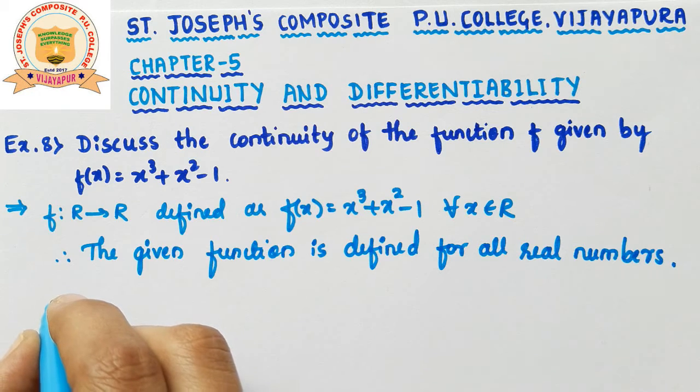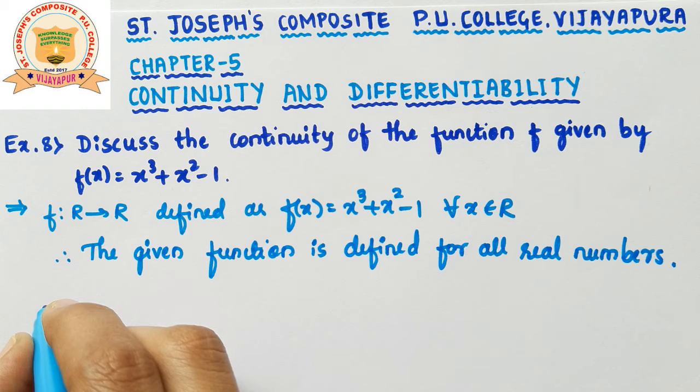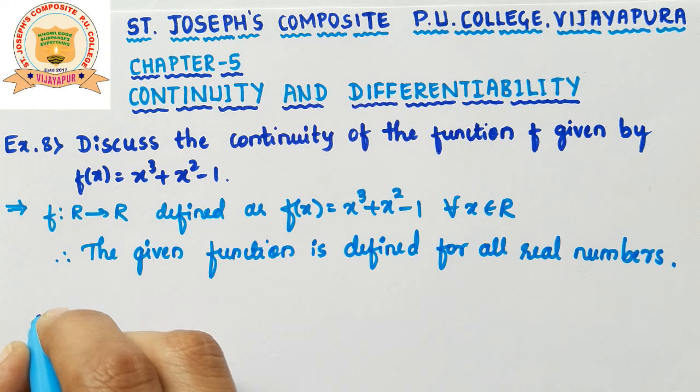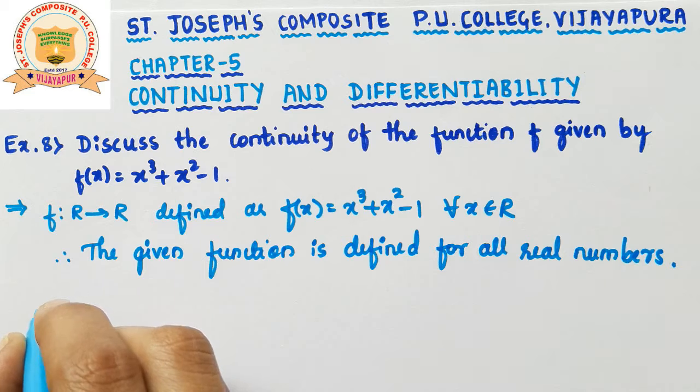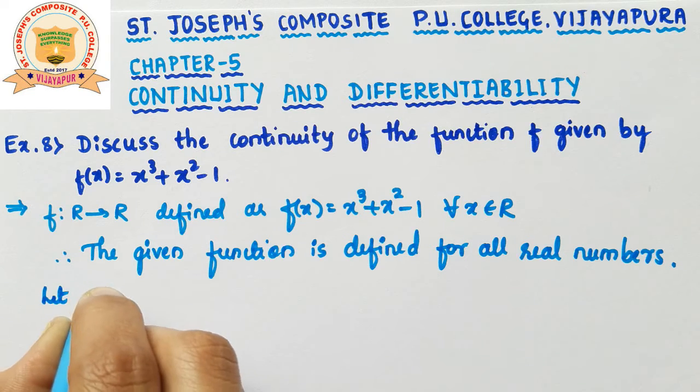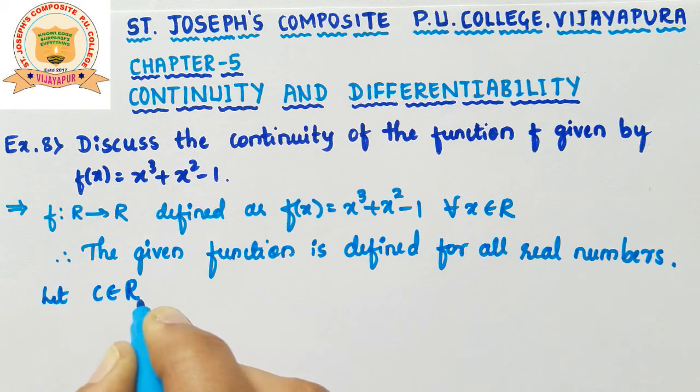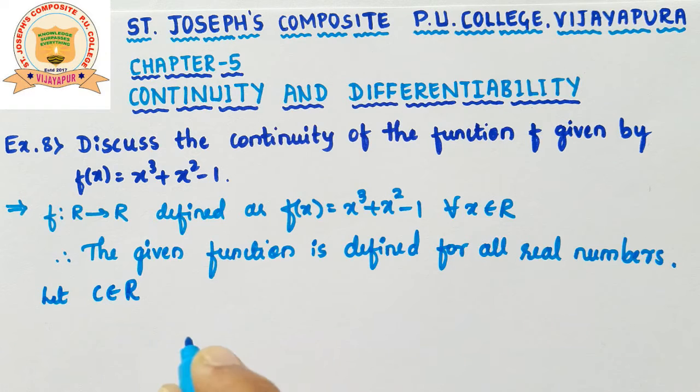We have to check the continuity at each and every point of the real numbers. That is not possible, so we take one general point that lies in the real number system. That is, let c be any real number. At this point, we are going to check whether the function is continuous or not.